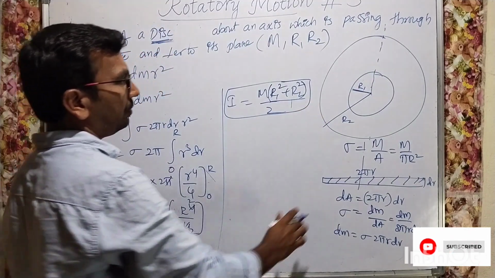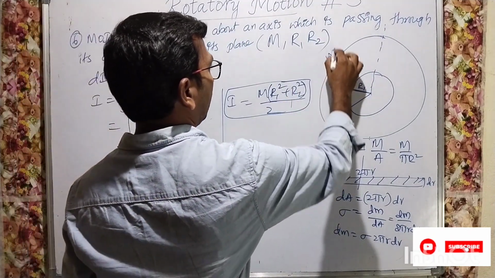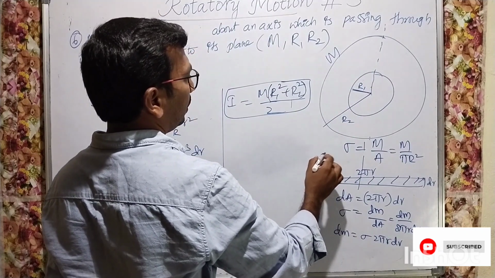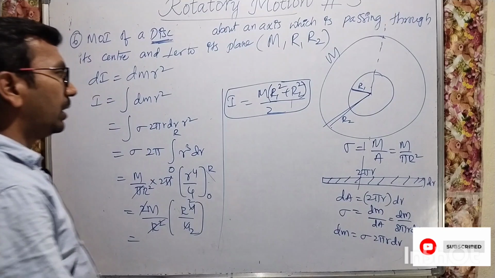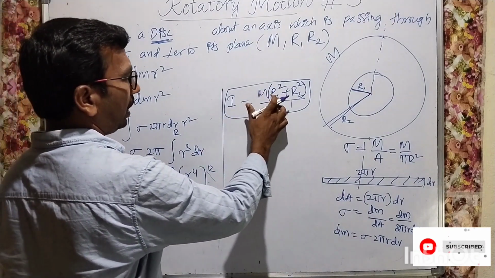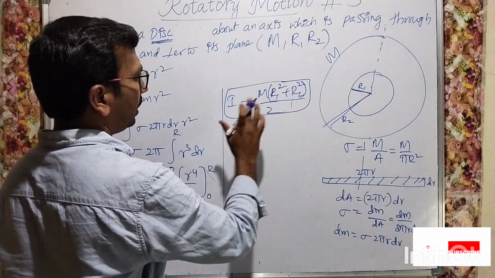So this is for a disk of mass M with inner radius r1 and outer radius r2, and the moment of inertia is M(r1² + r2²)/2.